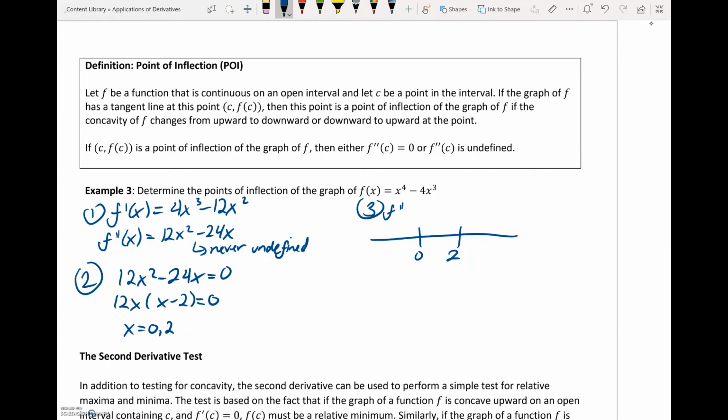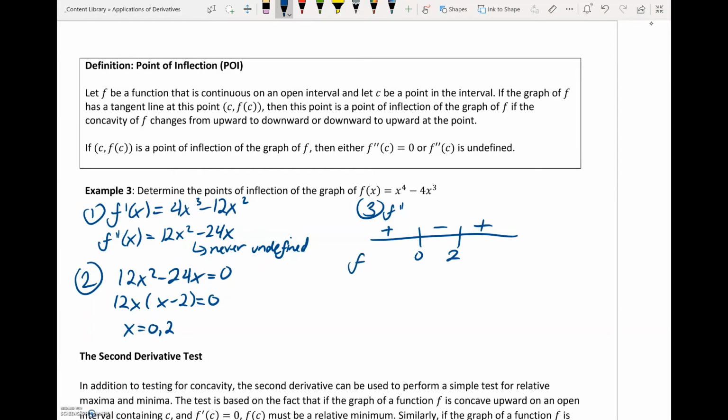So if I plug in a negative 1 into f double prime, we're going to get a positive number back. So for example, if we had negative 100 squared, that's a large number, times negative 24 times negative 100, that's also a large positive number, so we're getting it back positive here. Then we can pick 1 for the next interval, that's 12 minus 24, that's negative. And if you pick a very large positive number here, we're going to get back a positive number.